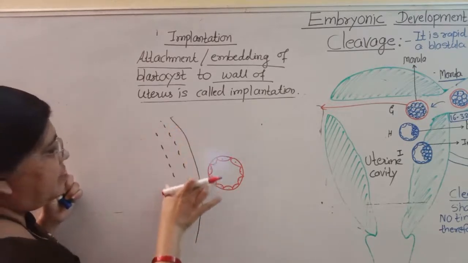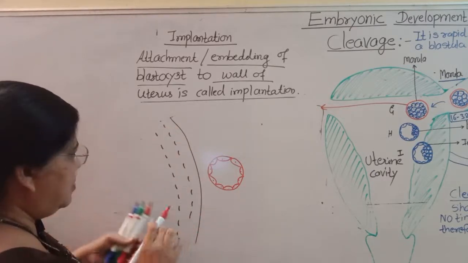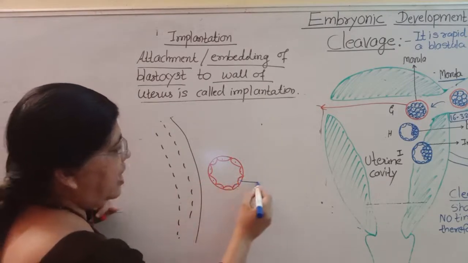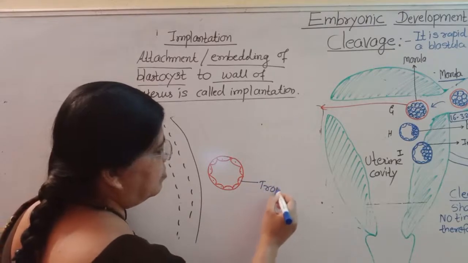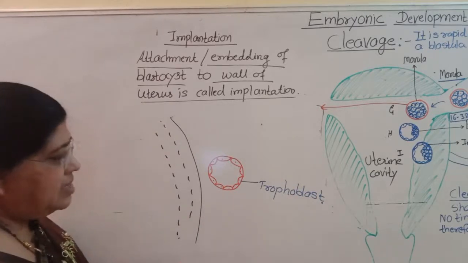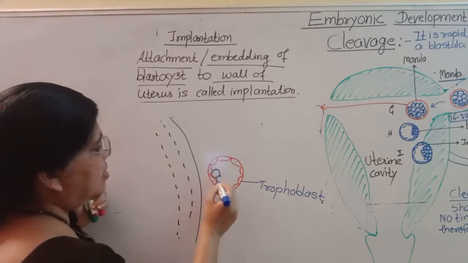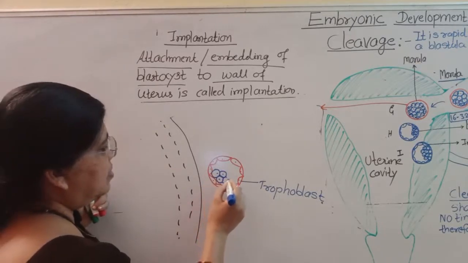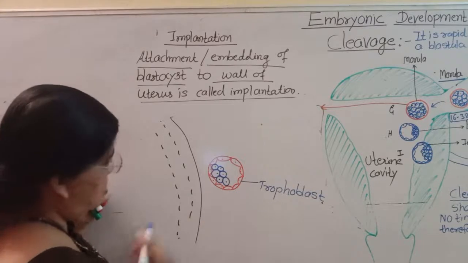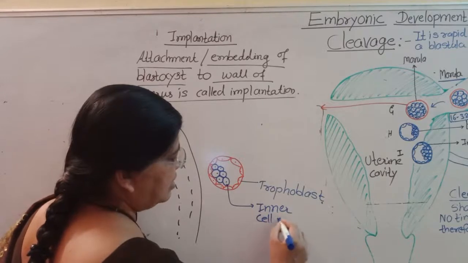So if this is the endometrium layer of the uterus, these are trophoblast cells, this layer is called trophoblast. And these cells in the embryonal knob are the inner cell mass.